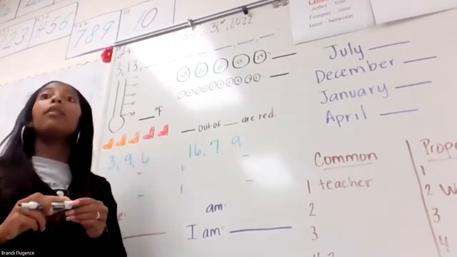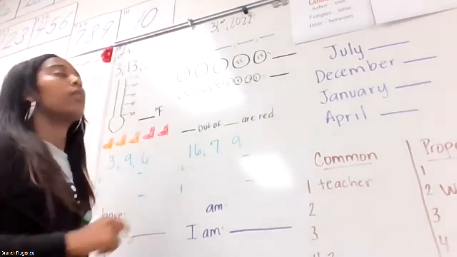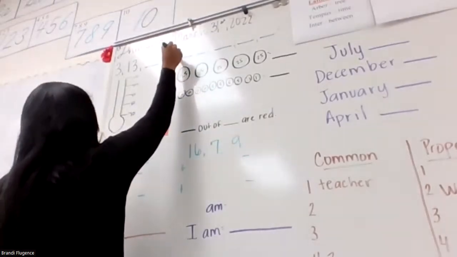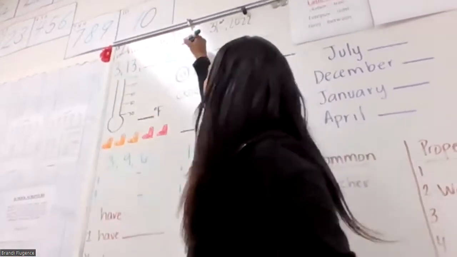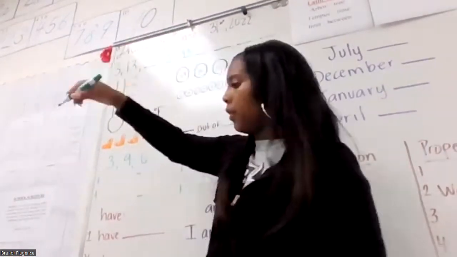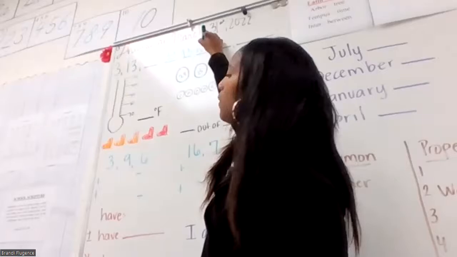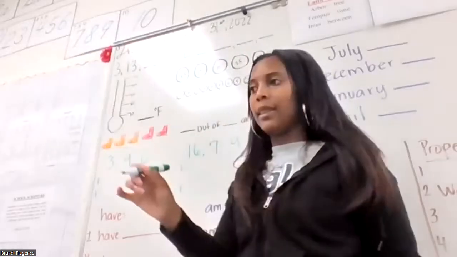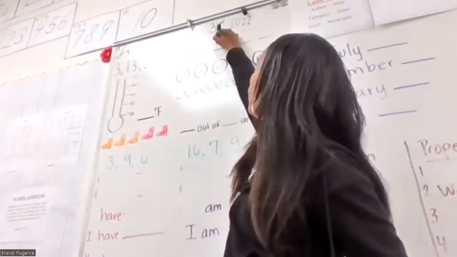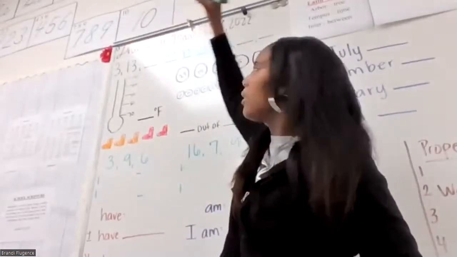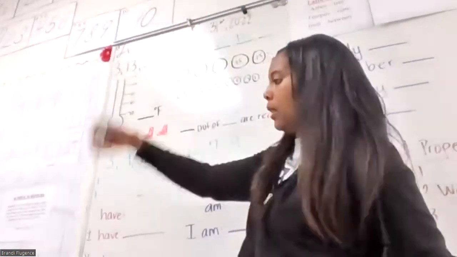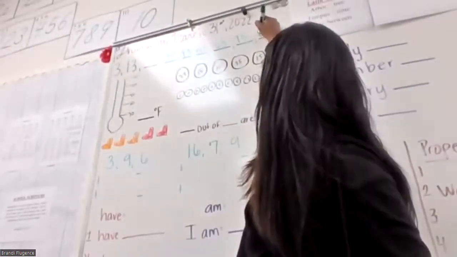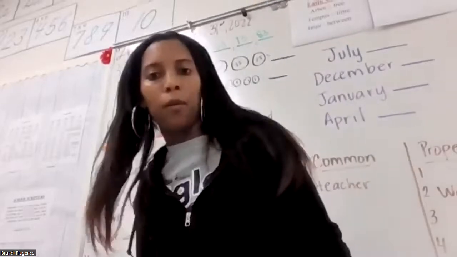From 23, 33. From 33, 43. From 43, 53. After 53, 63. After 63, 73. And last one after 73 will be 83. So that's counting by tens with 3.